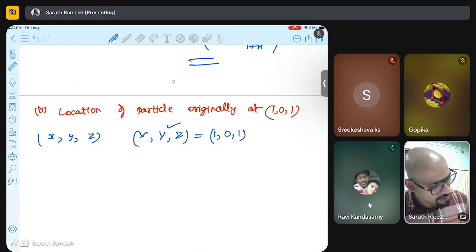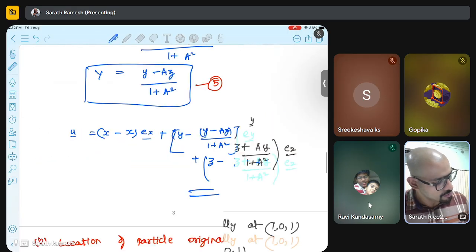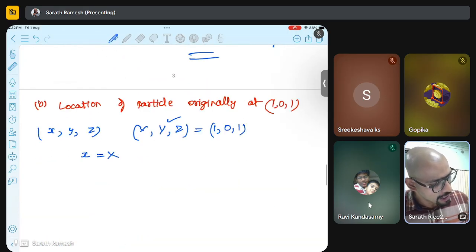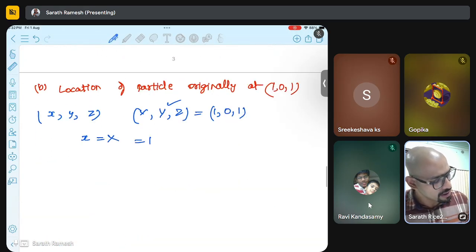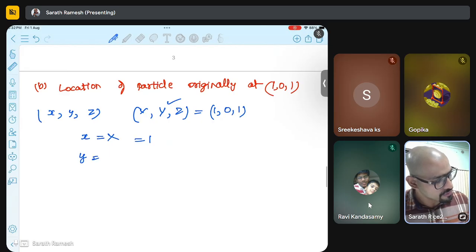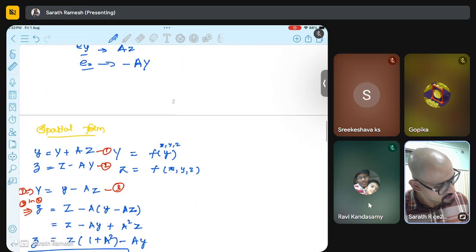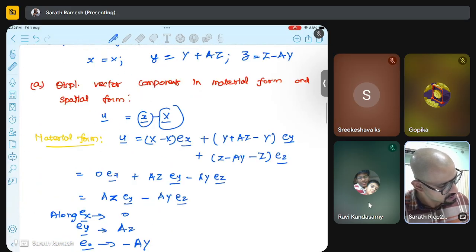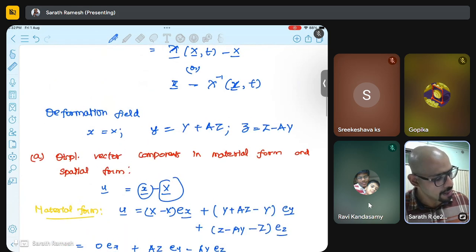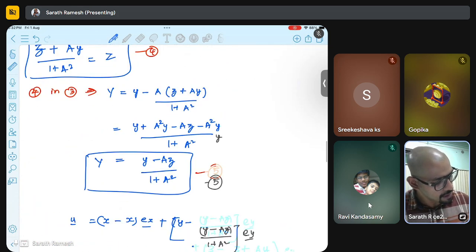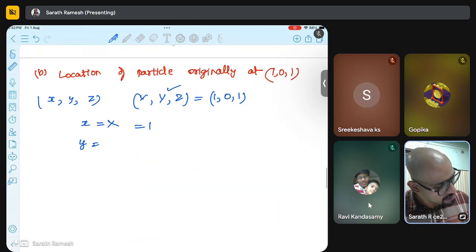We want small x is equal to what? Is equal to capital X. So capital X is 1 here, right? And what is small y in terms of capital X, capital Y, capital Z? Small y is capital Y plus AZ. So capital Y is 0 plus A times Z is 1. So A. Okay.